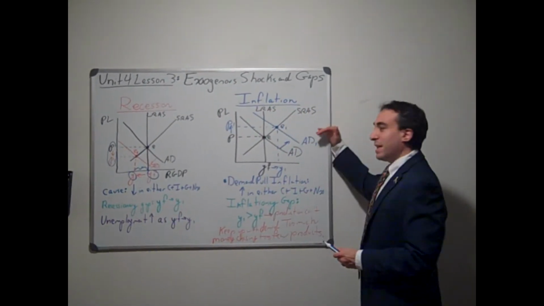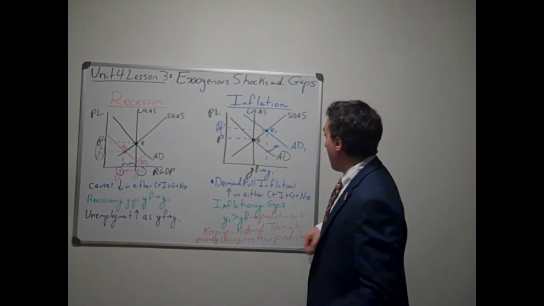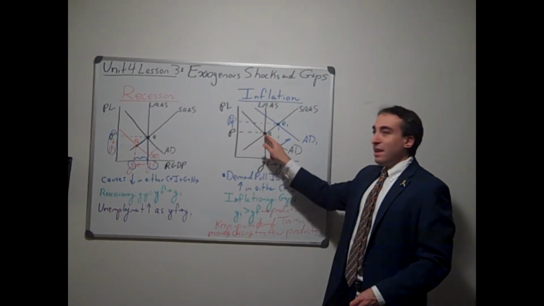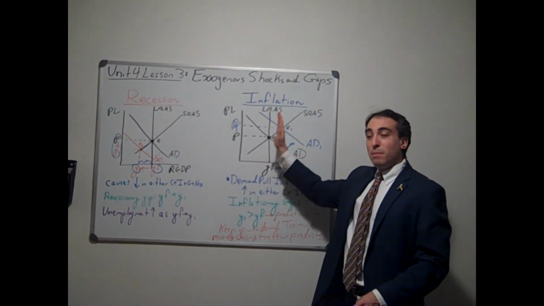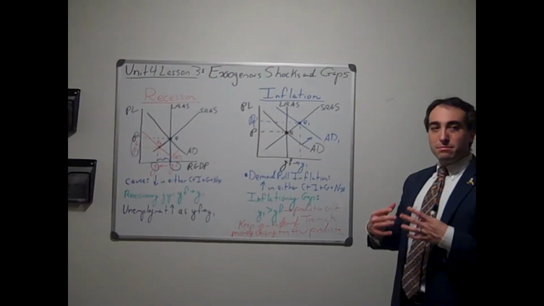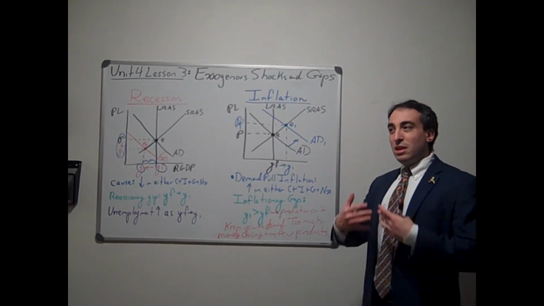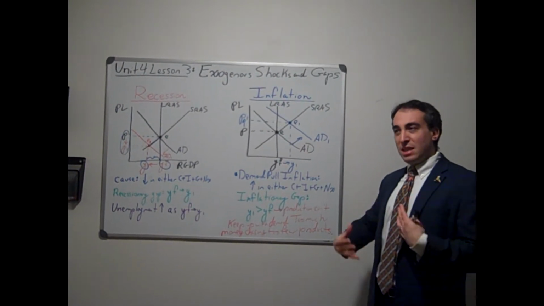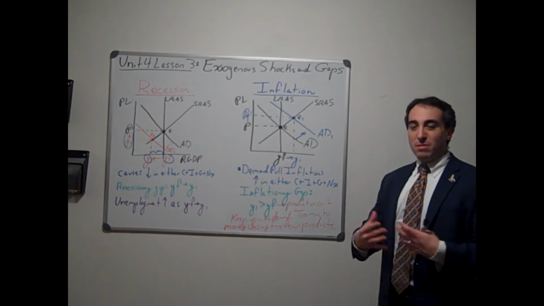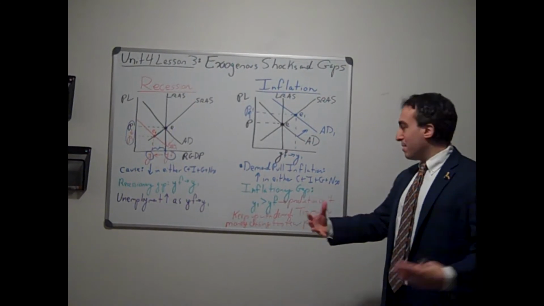For inflation, again, we are starting off at YF, where aggregate demand and aggregate supply meet at E, and they are meeting where we should be. This would be a positive increase to aggregate demand. However, with demand pull inflation, we're going to see that that positive can quickly become a negative, and you have all of the problems that are associated with inflation as it slithers and permeates throughout the economy.